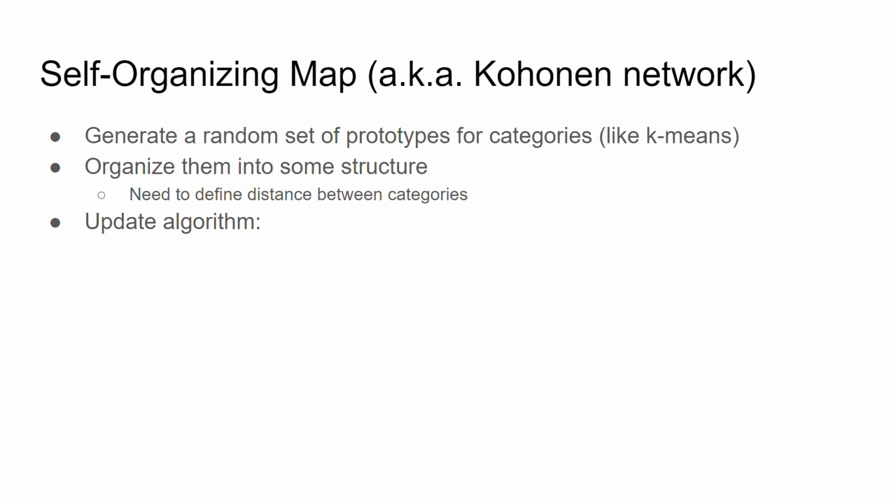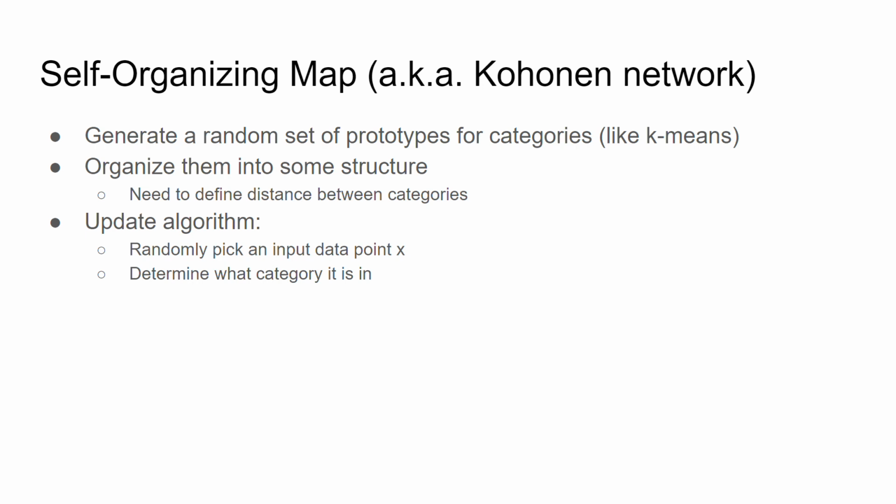Now, to update: again, we're going to randomly choose our prototypes, and then we're going to do some update. The update is that we randomly pick an input data point, and then categorize it, determine what category it's in. Then, like with the k-means, we're going to move that category's prototype a little bit closer to this point.